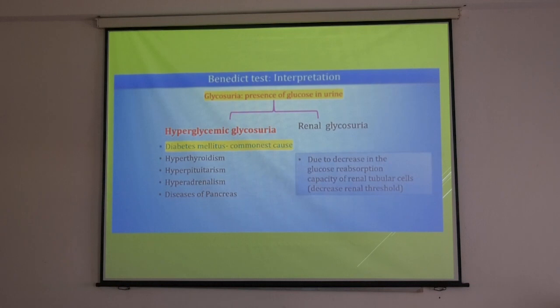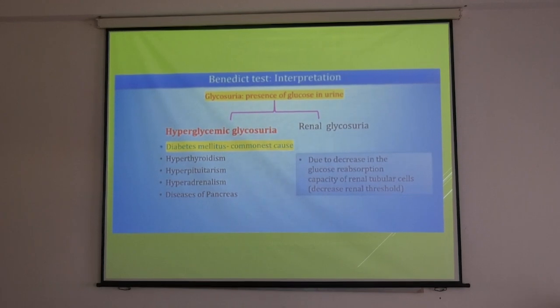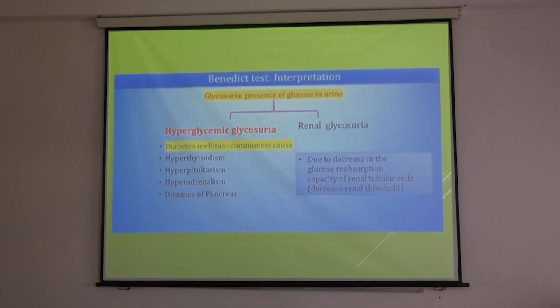So where is the defect? First I said that when the blood is getting filtered, all the amino acids and sugar are coming within the Bowman's capsule and they are getting reabsorbed back in the proximal convoluted tubule.